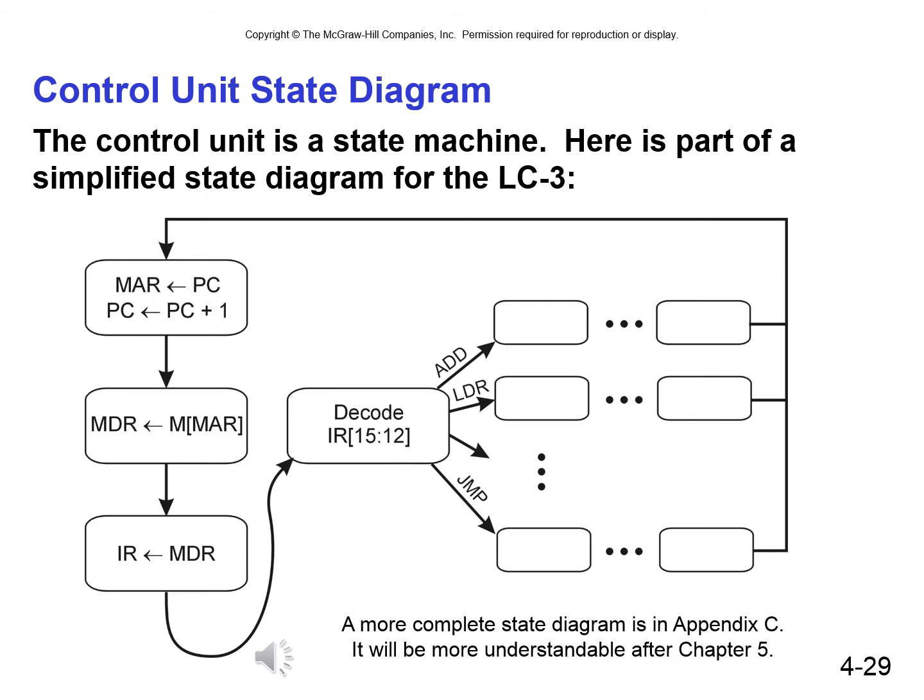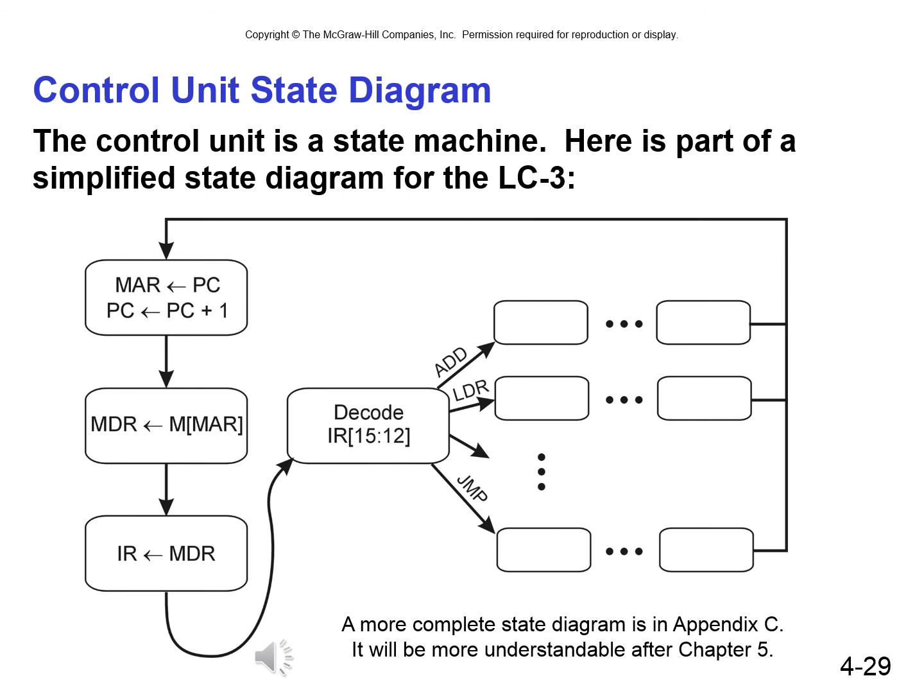Then whatever the memory address register is pointing to gets loaded into the memory data register, which ultimately gets loaded into the instruction register. Then we decode the opcode for that instruction, and we assert a signal to an adder or one of the other circuits necessary to complete the command.